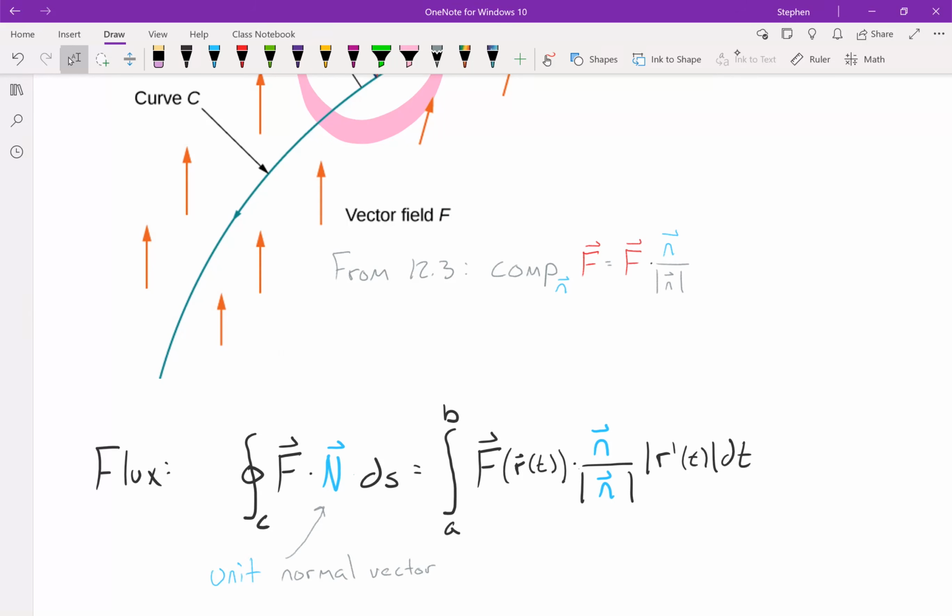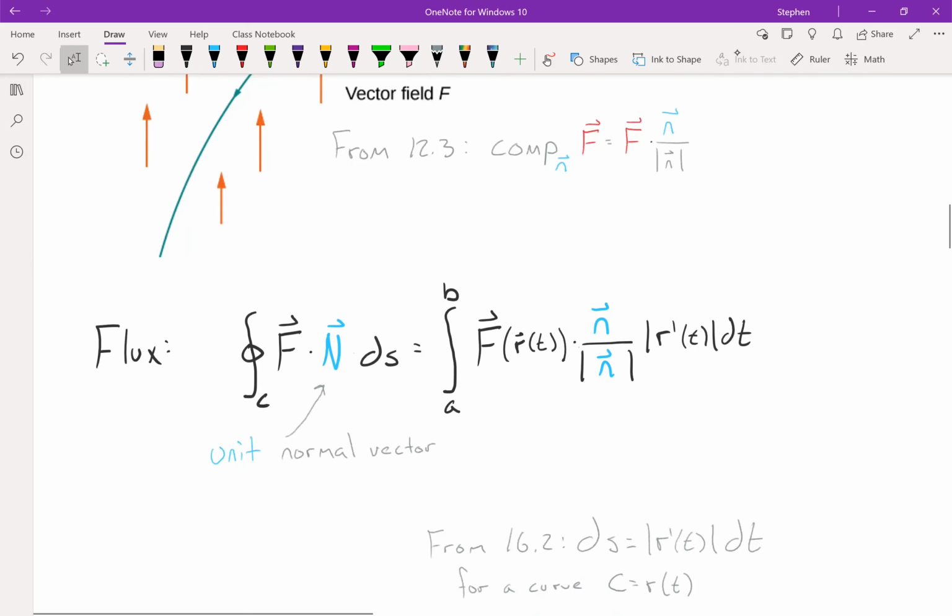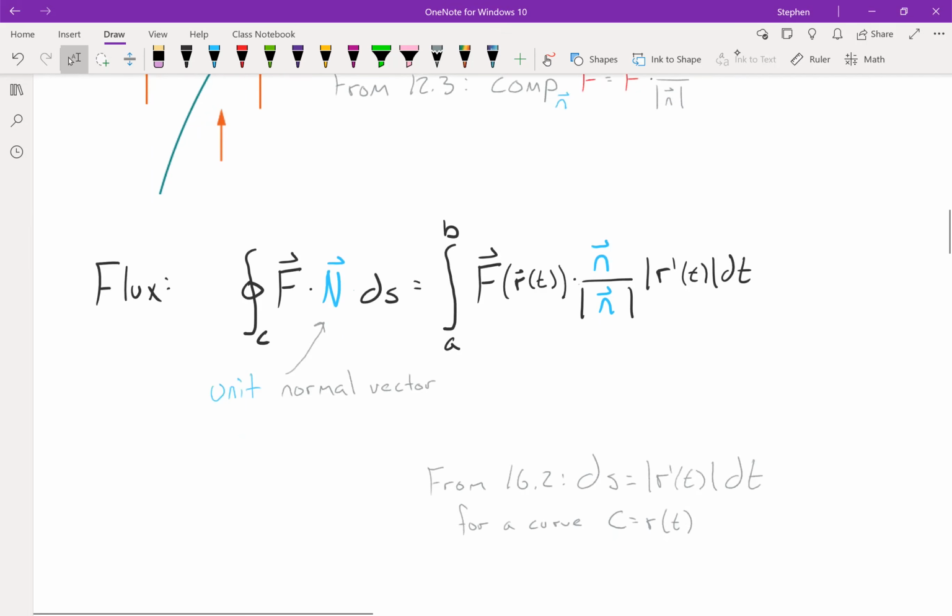But we can start breaking that apart into some more usable pieces, particularly if we have a parameterization for our curve, that being r of t. Then this integral becomes F of r times, written back in, N over magnitude N, so we can just use a normal vector that we might get from r, multiplied by the magnitude of the derivative of r dt.